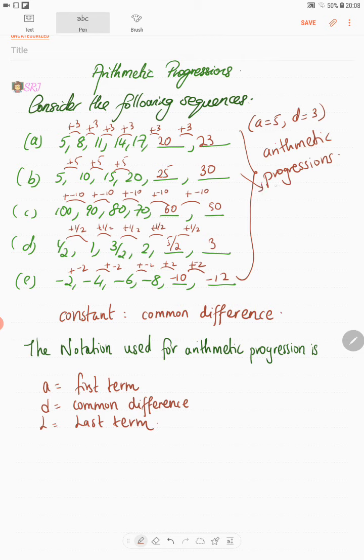Here in the second part, a is equal to 5 and d is equal to 5. Here, third part, a is equal to 100 and d is equal to minus 10. Here, part D, a is equal to half and the common difference is half. And the last one, a, that is the first term, is minus 2, and the common difference d is minus 2.